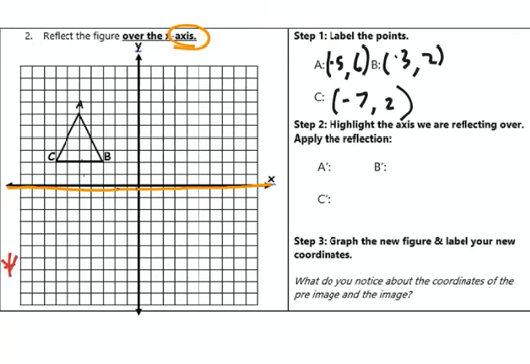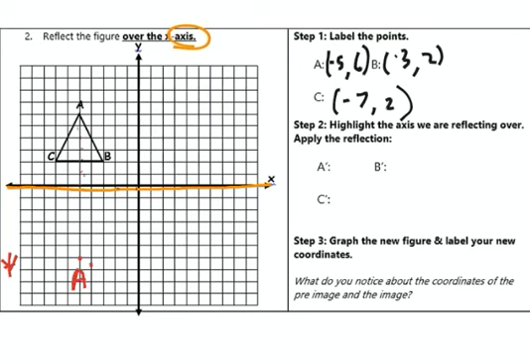So A is, let me try that again, 1, 2, 3, 4, 5, 6 spots away from that highlighted axis. So we need to move 6 spots in the opposite direction. 1, 2, 3, 4, 5, 6. Okay, so you're going to draw your point A and label it A prime.